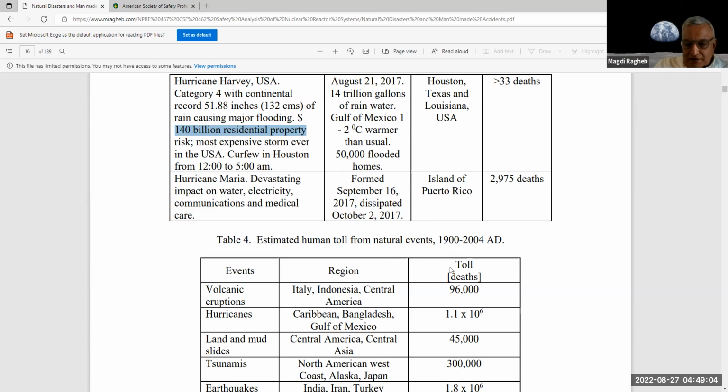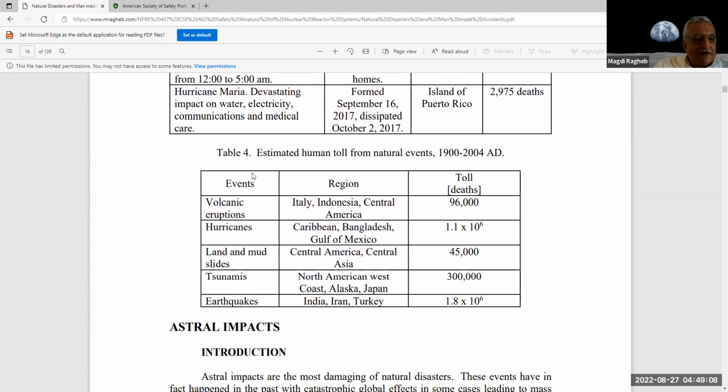So in summary, then, in the 1 minute that I'm left here, you'll find that the human toll or death up to the year 2040, the most serious event that can cause human death is hurricanes. In the Caribbean, Bangladesh, the Gulf of Mexico, about 1 million people when they occur at the time.